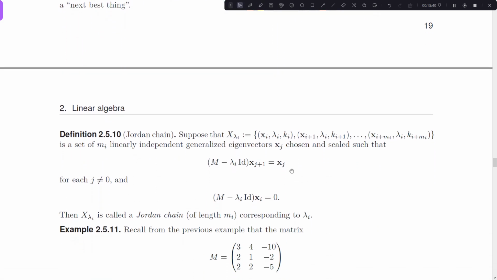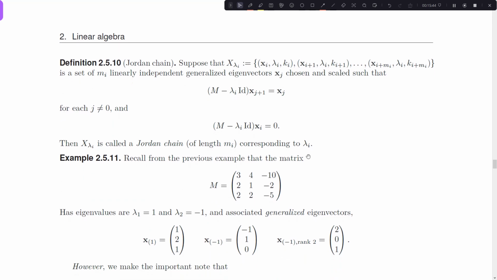Okay. So we have the definition here of what we call a Jordan chain. So recall I have these things, these generalized eigenvectors, and I'm going to give myself a set that contains a lot of them, which increase in rank. The ranks increase, but if we look at lambda, each lambda is the same.